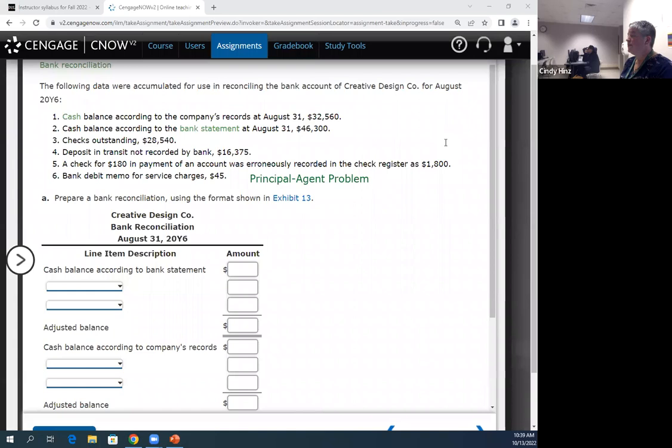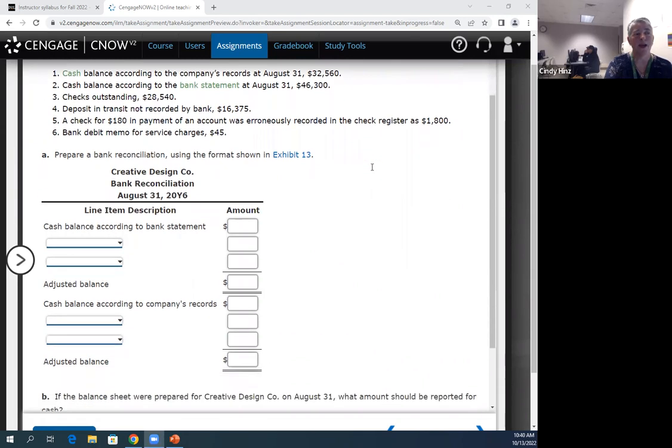So in this first exercise, what we are doing is looking at one way that a company can make sure that they're being responsible about protecting the cash of the company. And the way they do that in this exercise is by reconciling on a regular basis. Usually that would mean on a monthly basis. The company is reconciling the cash that their accounting records show is in their cash account and what the bank statement shows.